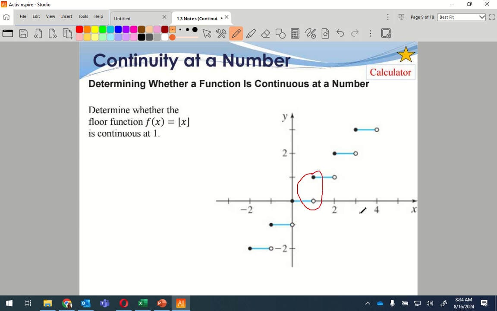You said no? Okay, for it to be continuous, the left side, right side, and the function all have to go to the same number, right? So this being a floor function, that's what happens. So this one is discontinuous. Would I want to be on a roller coaster that looks like this? No. This looks closer to Mario climbing up the stairs at the end, right? So, alrighty.